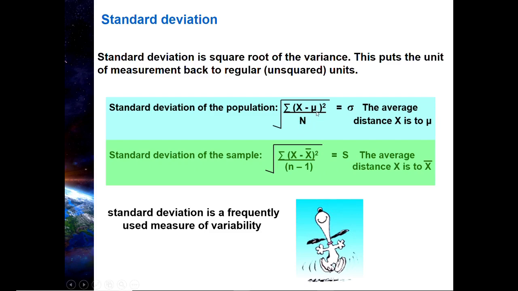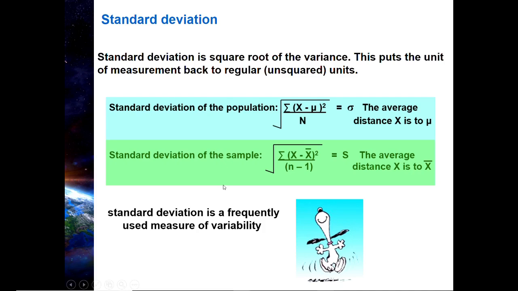That's an average, but because we squared them first, it's an average squared distance. Same thing is going on here. Average squared distance. The -1, remember, is a little correction you're going to learn about later. And the fact that we're taking the square root means we're getting rid of the squares. So this is standard deviation.